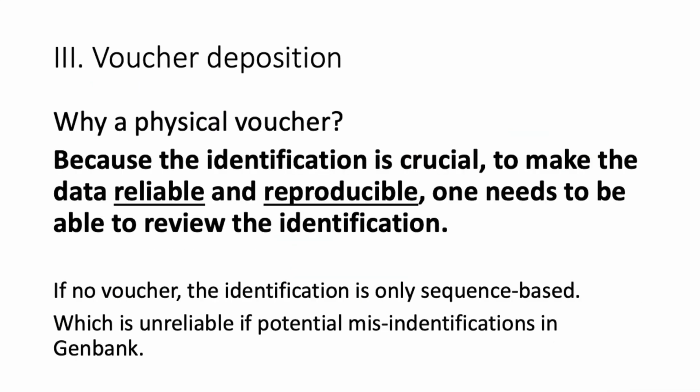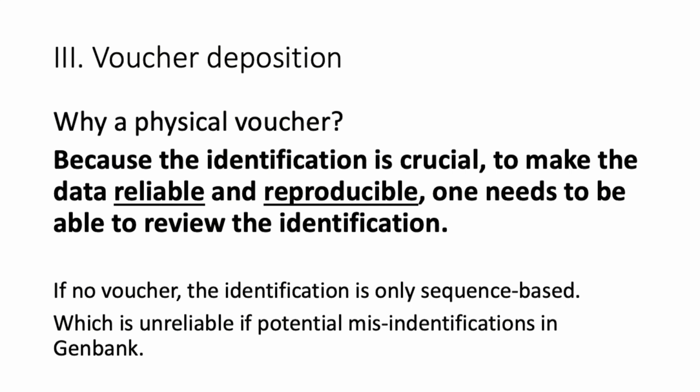The taxonomy of many vertebrates is still confusing, and it's still being revised. I'll give you 3 examples, but before that, I just want to stress why it's important to keep this voucher. It will make your data more reliable. It will make your data more reproducible, and it will make your data accessible to other people that want to double check it, for instance.